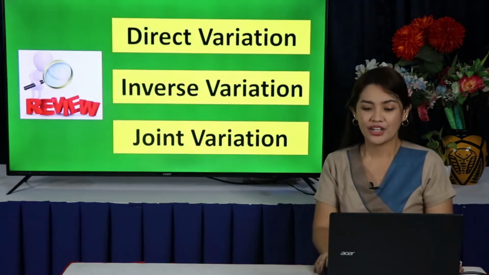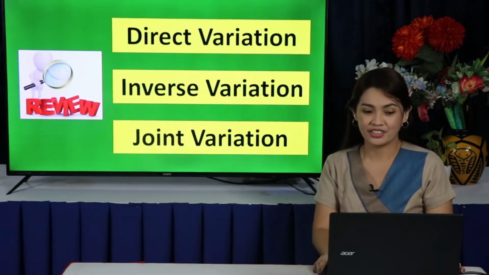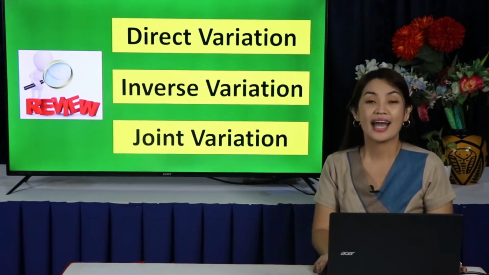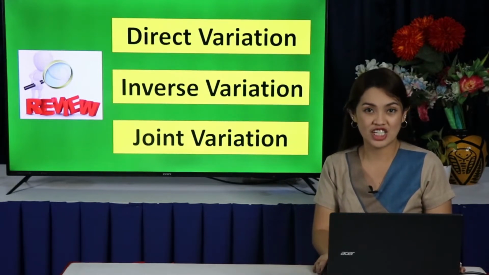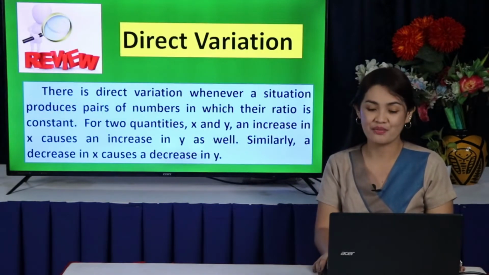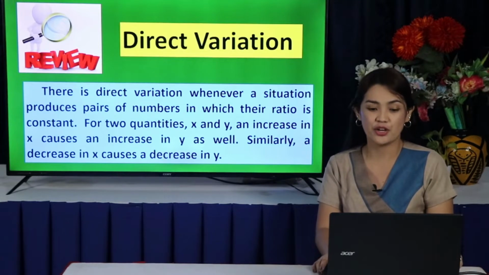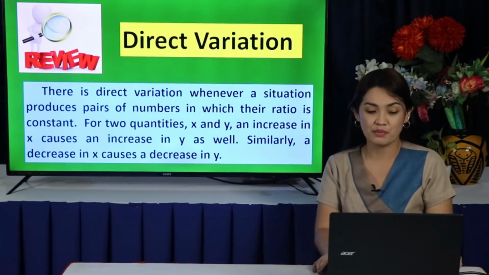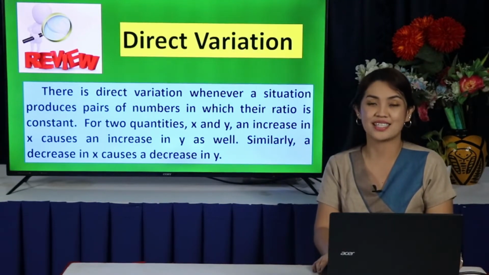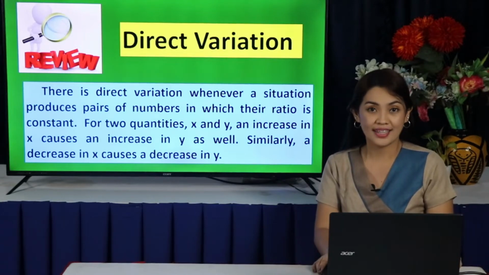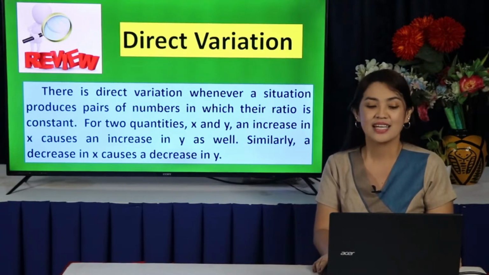You have already learned about direct variation, inverse variation, and joint variation. Can you recall their definitions? Great job! There is a direct variation whenever a situation produces pairs of numbers in which their ratio is constant. For two quantities, x and y, an increase in x causes an increase in y as well.